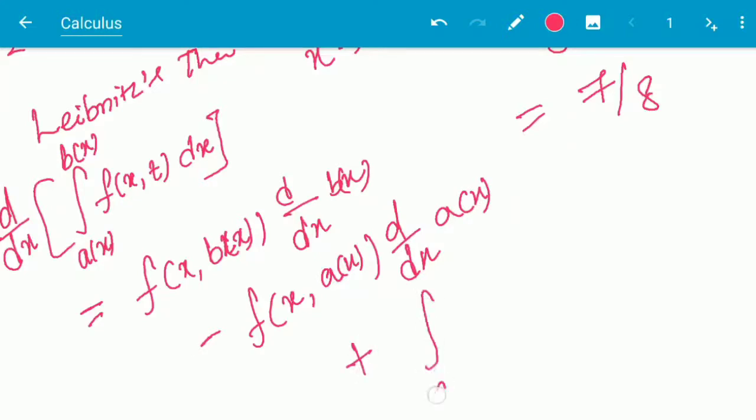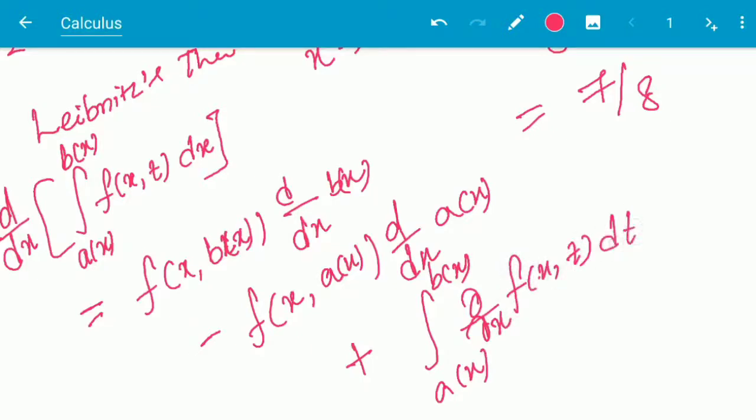This is the expression for the Leibniz theorem. This is generally studied in 12th class.